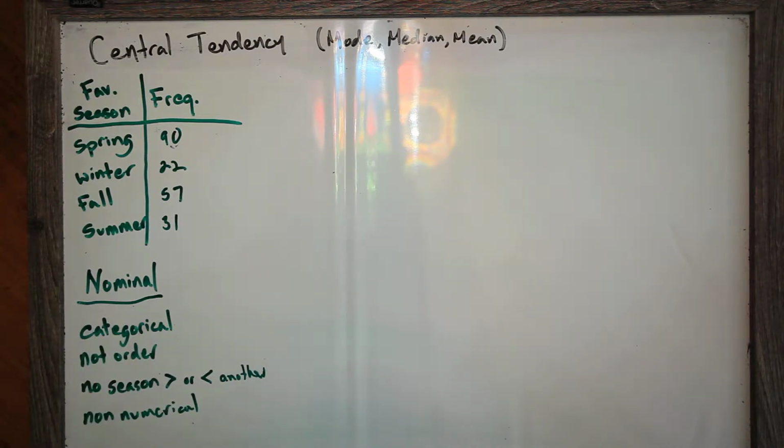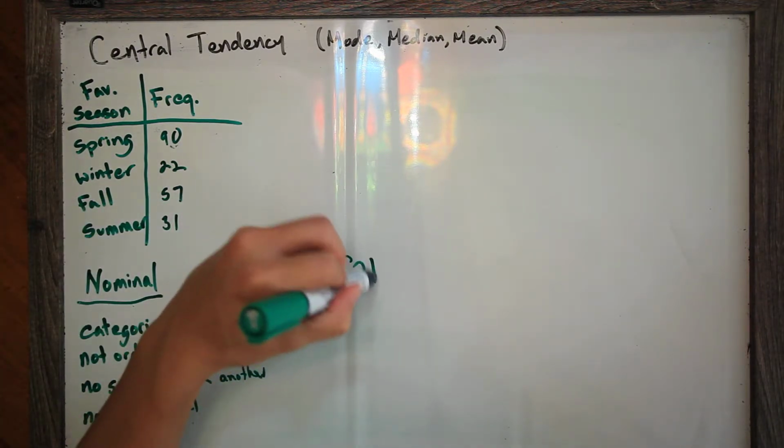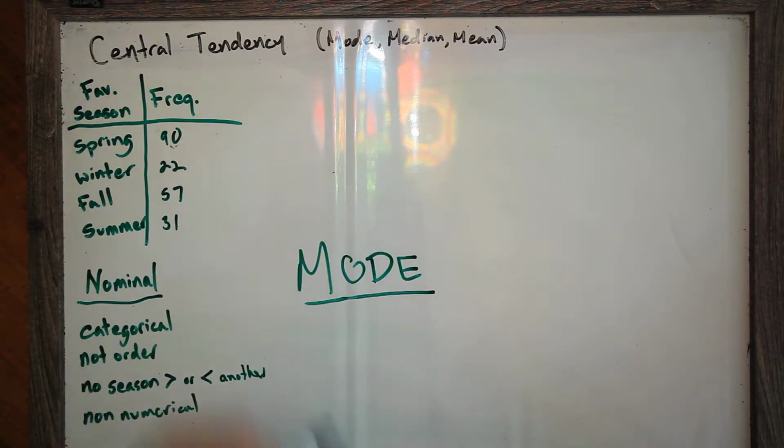And if you can remember, from nominal data, we can only find one type of central tendency, and that's the mode. And to find the mode with a frequency table is extremely easy.